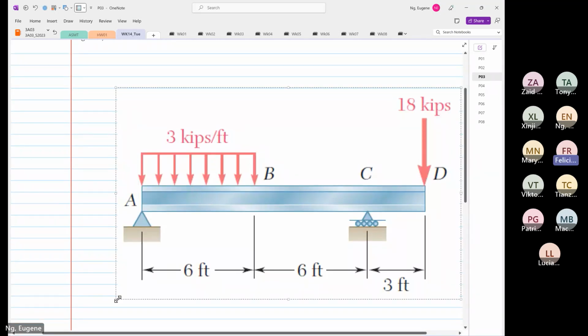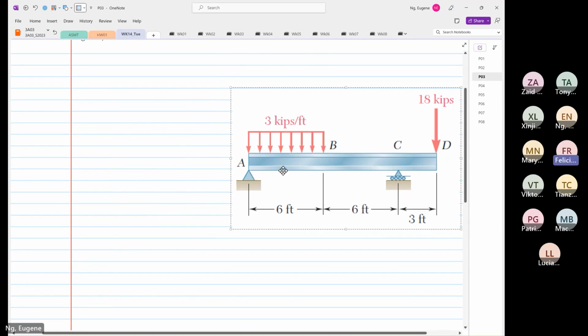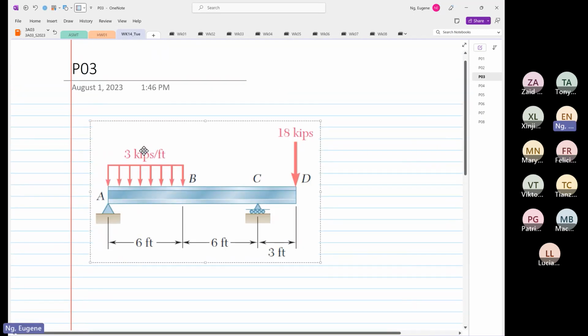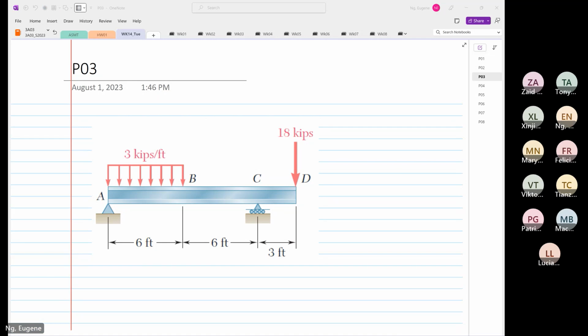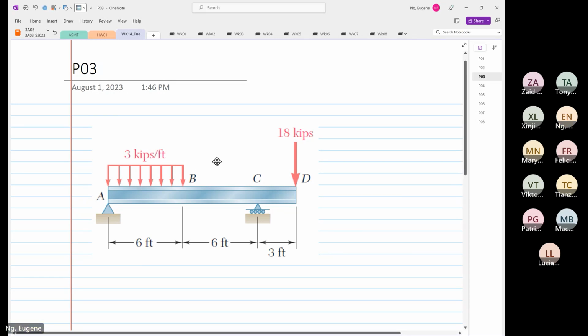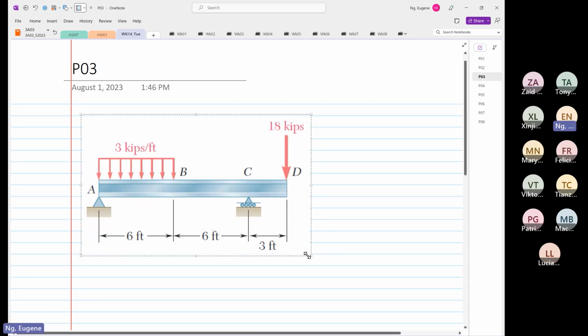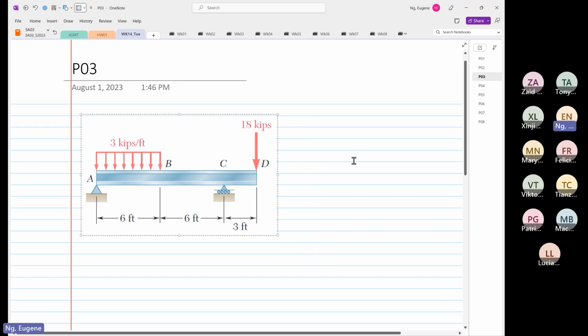Could you do one of the combined loading questions? Okay, I will do this. Zai, can you tell me what issues you have with this? You cannot tell me you cannot form the equation.